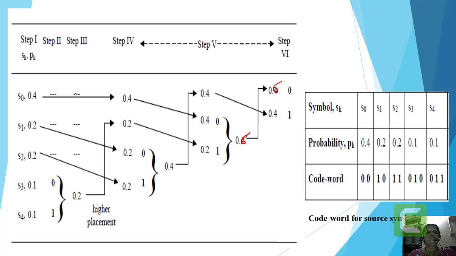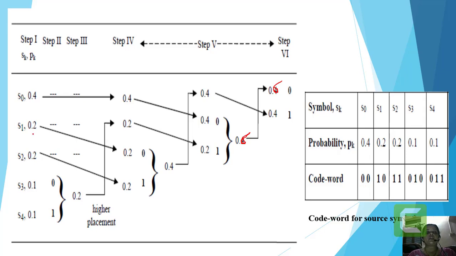So this 0.4 traversal goes this way, and the assigned values we have to track back in order. This is your first value, 0. When traced back we come to this symbol as 0. So we will find that this 0.4 will have the code word 00.